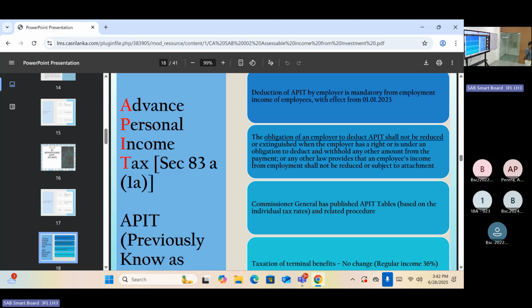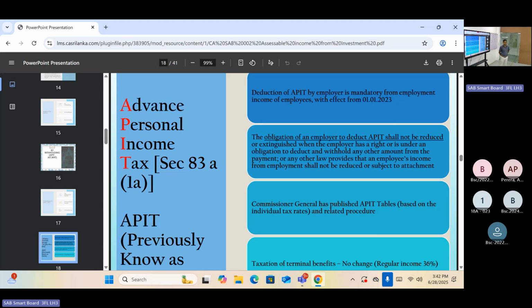If a certain amount is exceeded, the employer has to deduct it. This is an obligation. The obligation of an employer to deduct APIT shall not be reduced. The employer cannot deviate from his obligation. He has to deduct and pay. Otherwise, he is liable. So it cannot be compensated with any other liability coming under any other law.